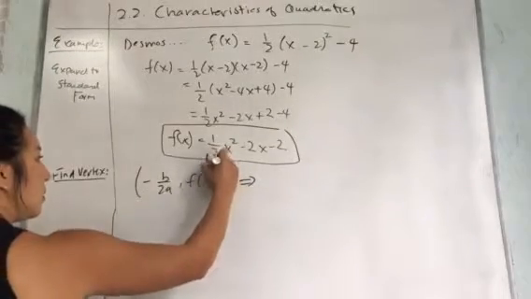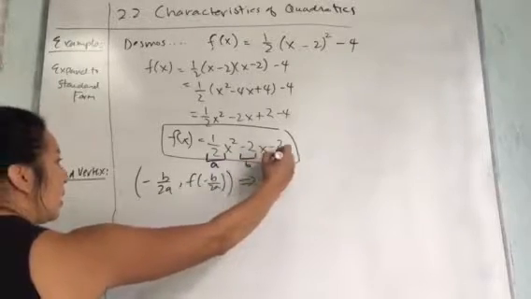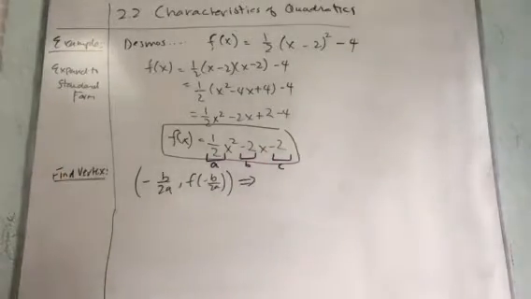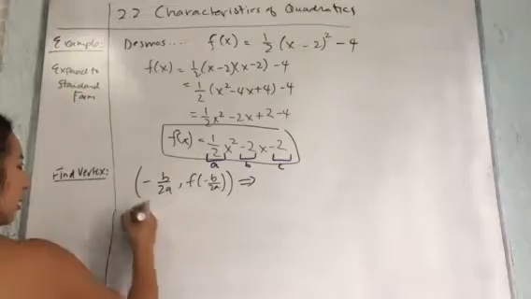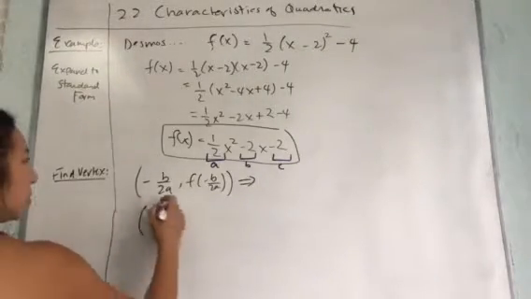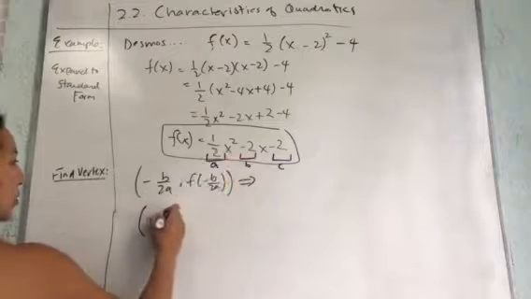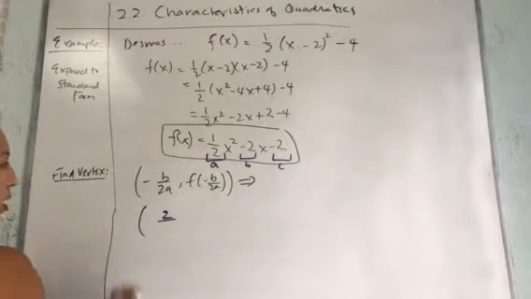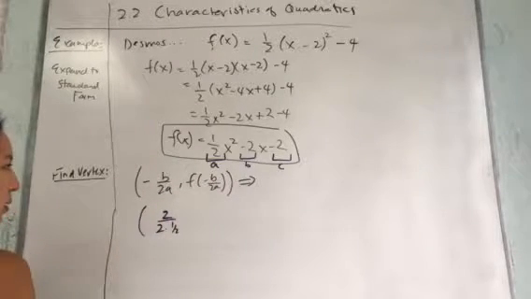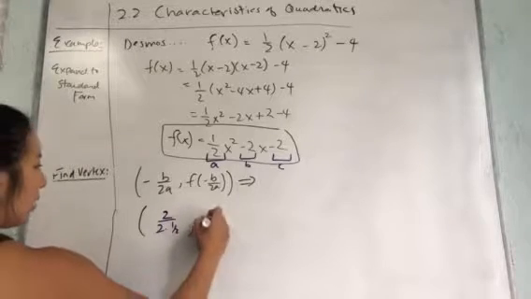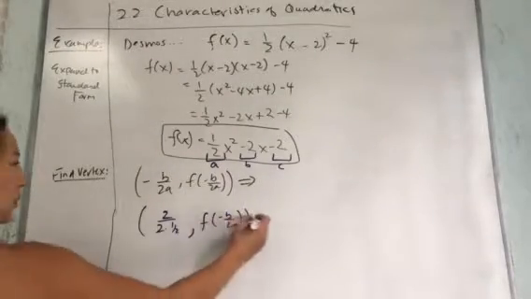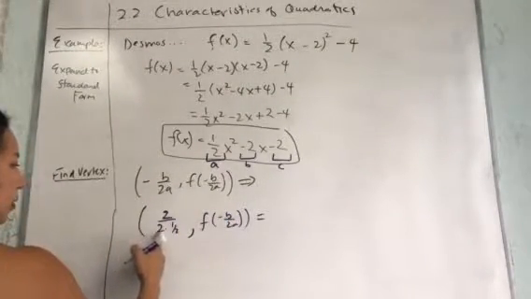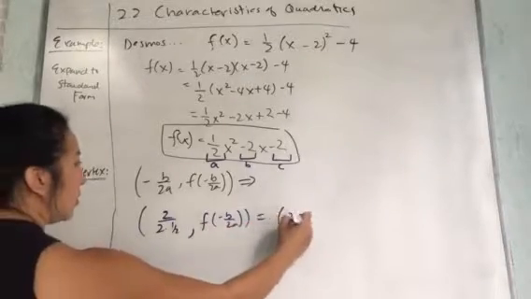This is my a, this is my coefficient b, and negative 2 is my coefficient c, which I don't really need at this point. Negative b is the negative of negative 2, so that's positive, over 2 times a, and a in this case is 1/2. I'm going to hold off on the f part until I get a number. Cleaning it up, I have 2 over 2 times 1/2, which is 1, so it's just going to be 2.